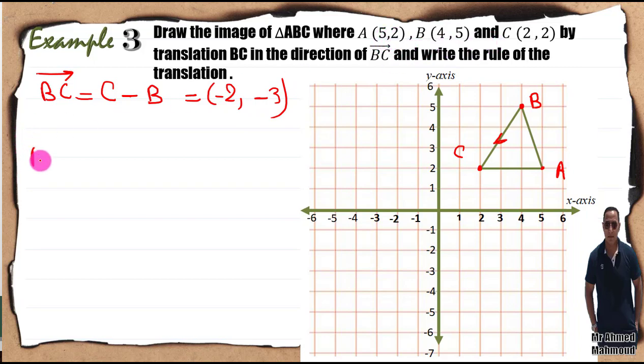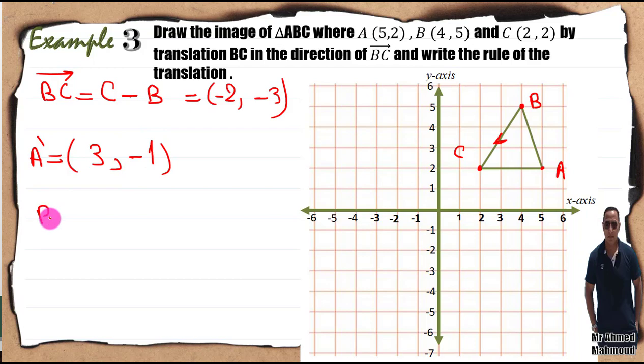How come? A dash equals 5 and 2 plus negative 2 and negative 3. 5 plus negative 2 equals 3. 2 plus negative 3 equals negative 1.